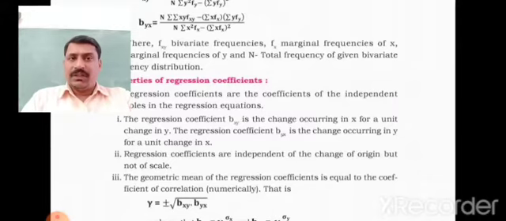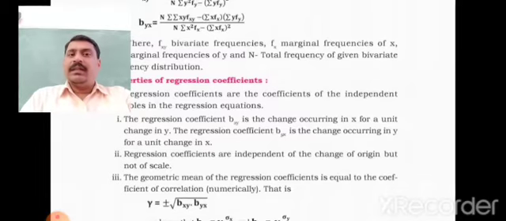So bxy tells how much change takes place in x for a unit change in y, and vice versa. Byx tells what change takes place in y depending on the unit change in variable x.